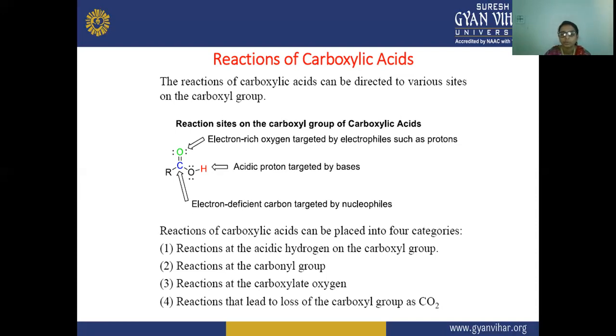So H positive will be removed with the base. C will be targeted by the nucleophile. O will be targeted by the electrophile, because oxygen has more electrons, so oxygen will act as a nucleophile to the electrophiles. Next, the whole CO2 will get removed.